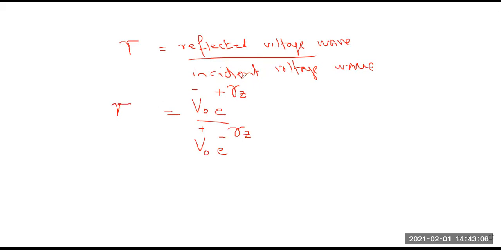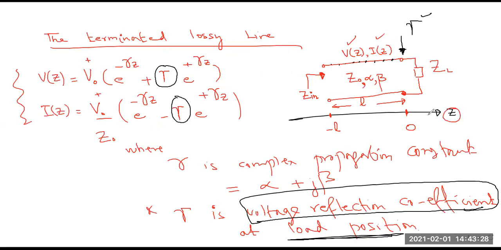So this clearly tells us that this reflection coefficient is a function of z, so I should represent it better as a function of z. And of course, z means position. When I move along the transmission line, I am actually changing z.